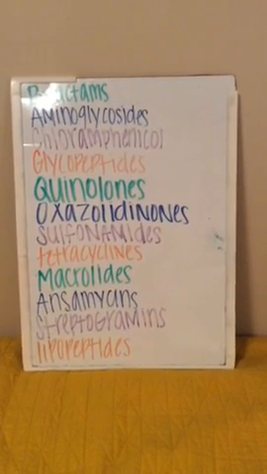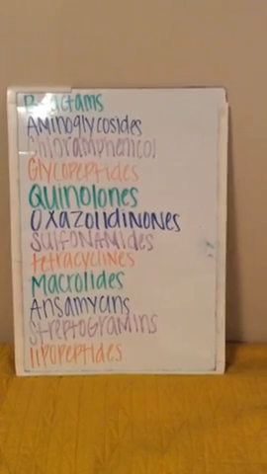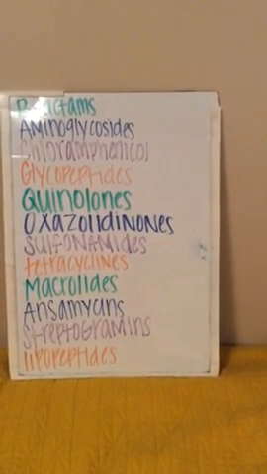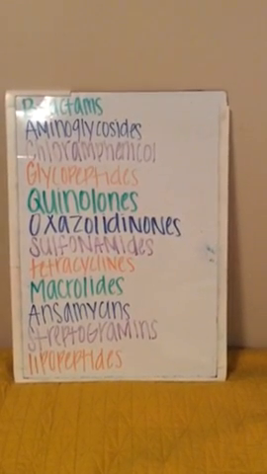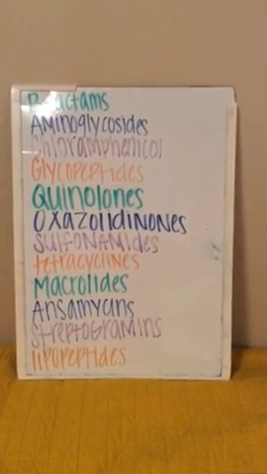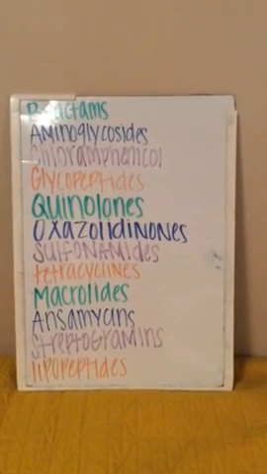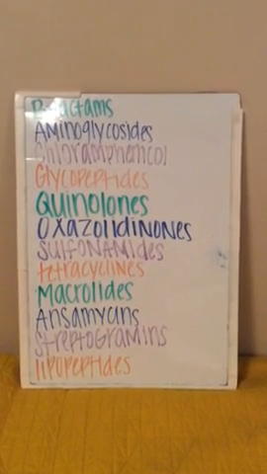The next class of antibiotic is ansamycins. They can also demonstrate antiviral activity. All contain an aromatic ring bridged by an aliphatic chain.